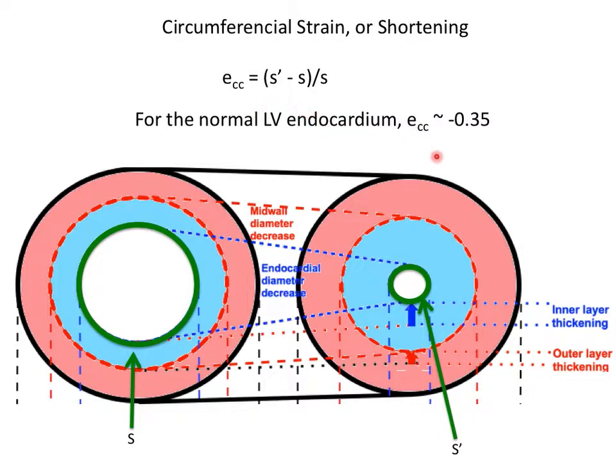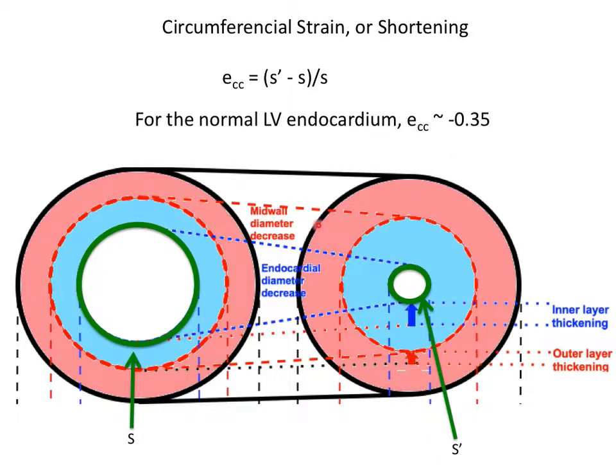And again, it's a strain. The length gets shorter, obviously, as the chamber contracts, so it's a negative number.